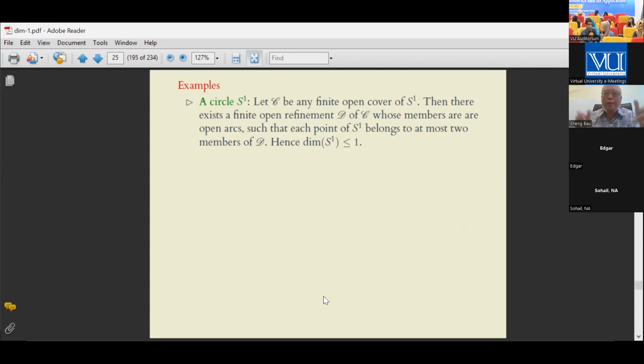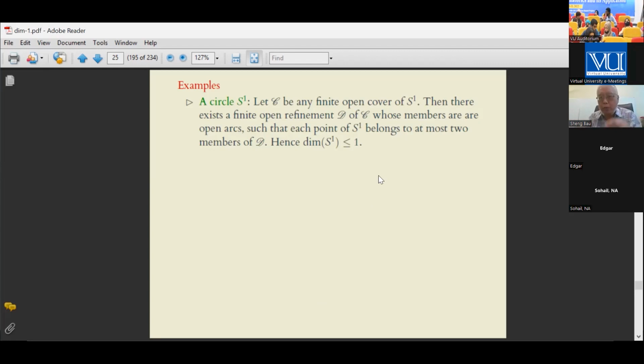Even if you take the whole space, the circle, as the only open set in your finite cover, you can still find a finite open cover so that every point is in at most 2 of the open sets.